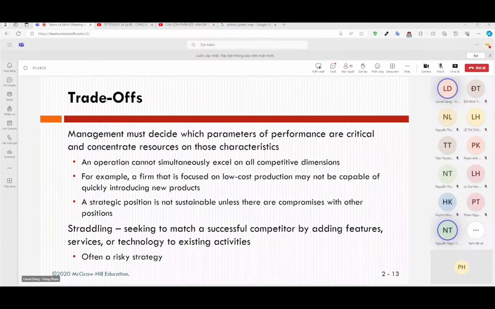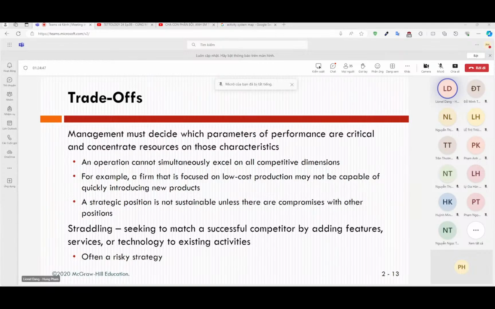So what are the additional features that they add in order to do the straddling? I think they add customization in their products to compete in that category. Customization in their product. Okay.